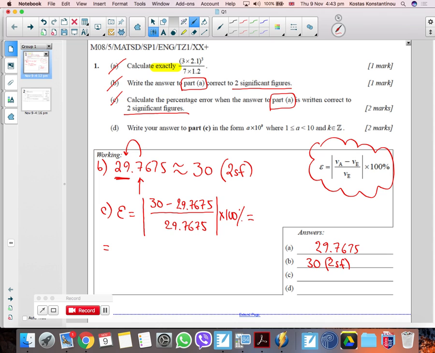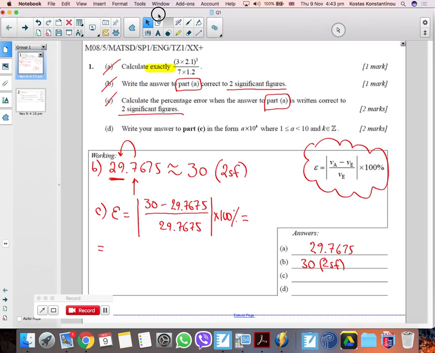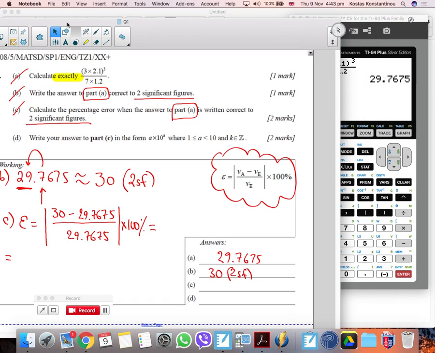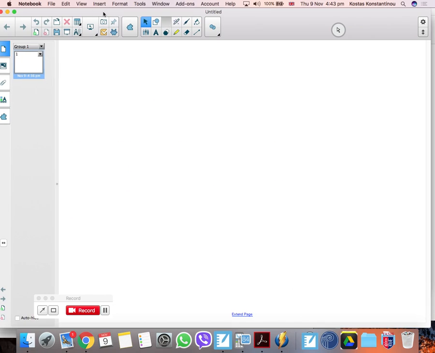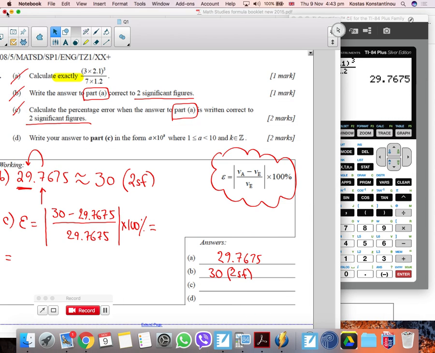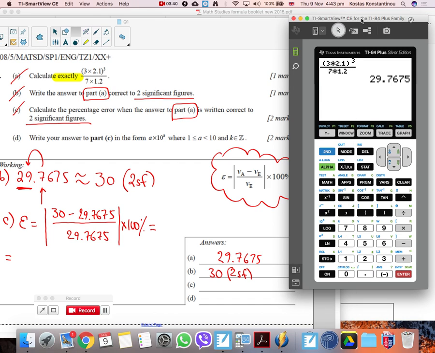And I'm going to use my calculator again to get my value, and I am going to use the answers that I got before on my calculator to save time. Again, I have a fraction, so alpha y1 30. I'm not going to write anything about the absolute value because I know that the percentage error is always positive.